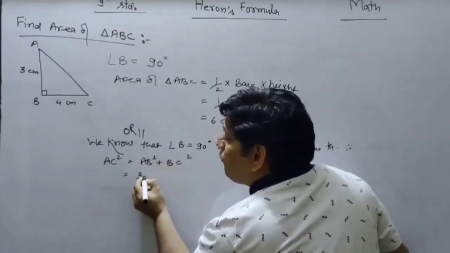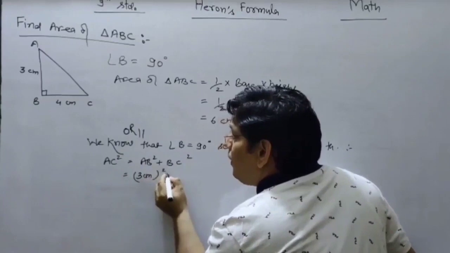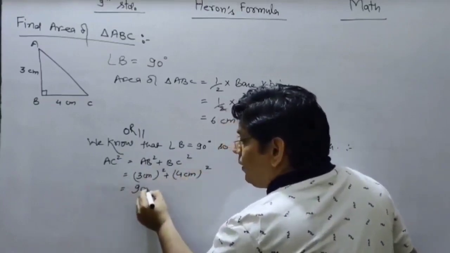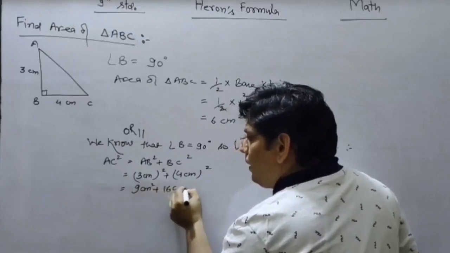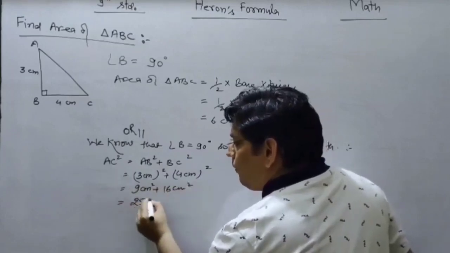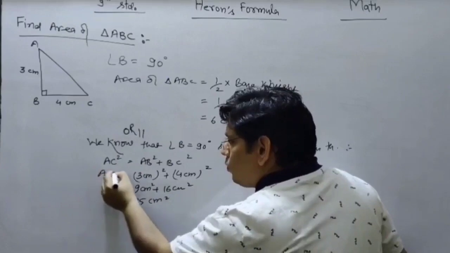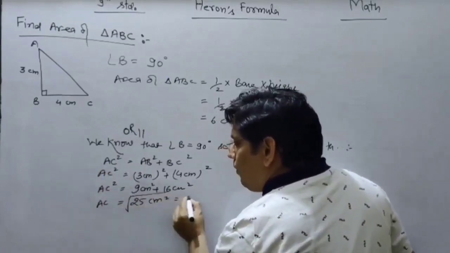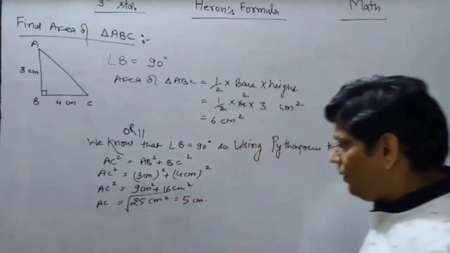In that situation, it will be 3 centimeter square plus 4 centimeter square, 9 centimeter square plus 16 centimeter square, that will be 25 centimeter square. So now we calculate AC, that will be 5 centimeter.